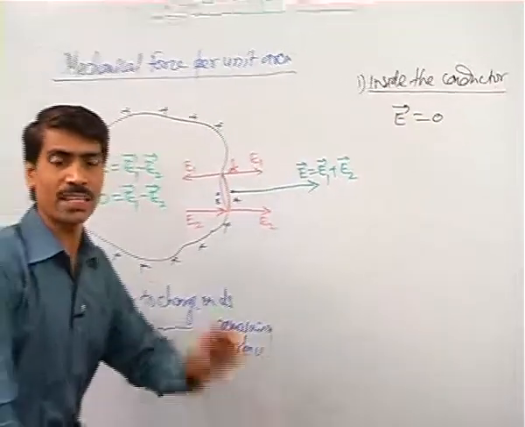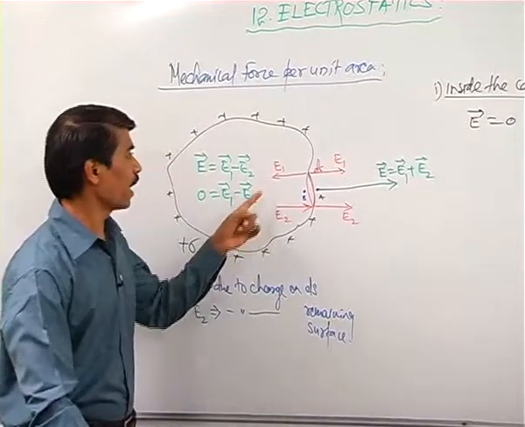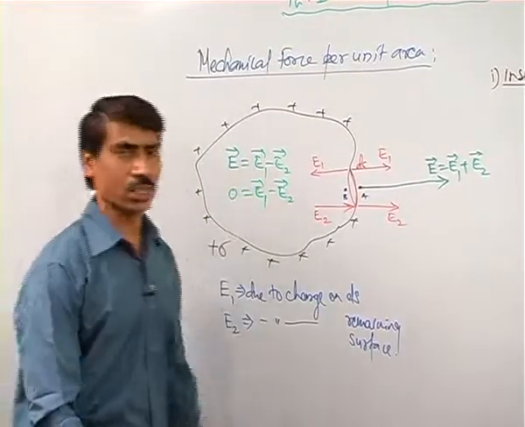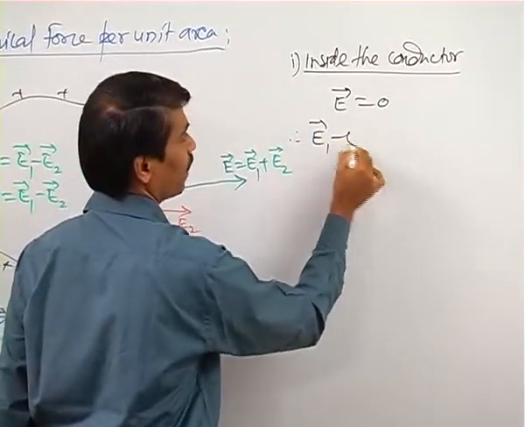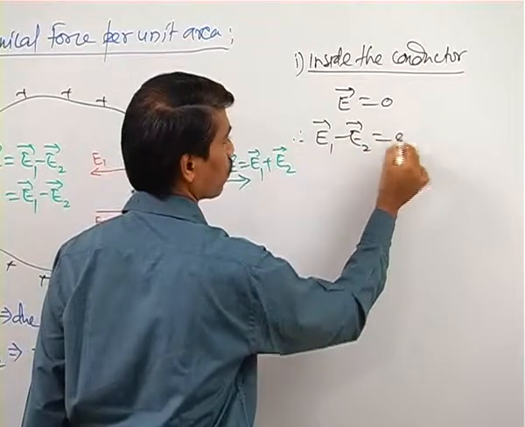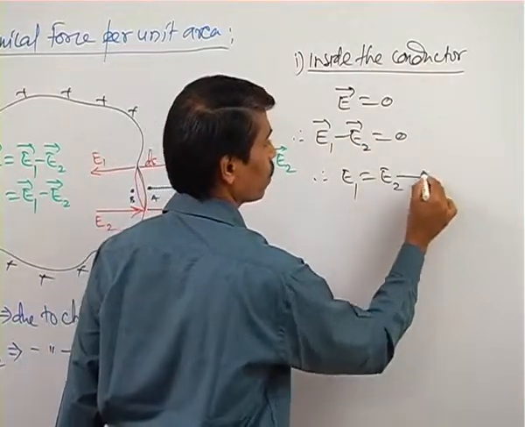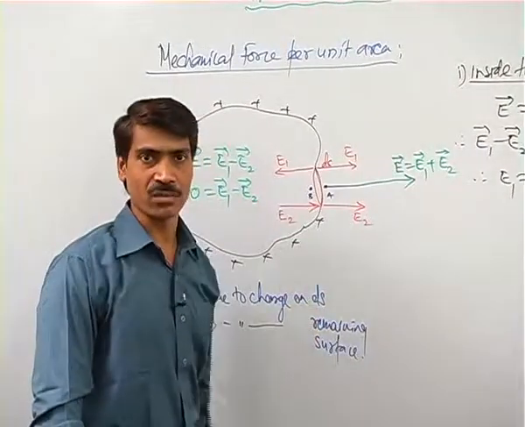There is no electric field inside the conductor. The directions of E1 and E2 are opposite, therefore the resultant is E1 minus E2. Therefore we can write E1 bar minus E2 bar equals 0, and so E1 equals E2. Equation number 1. This is what we have seen for inside the conductor.